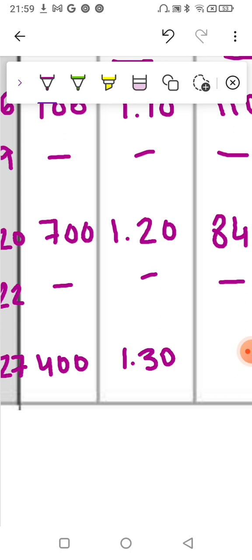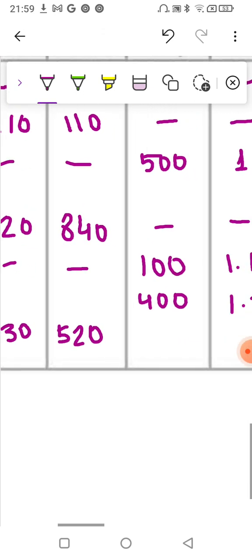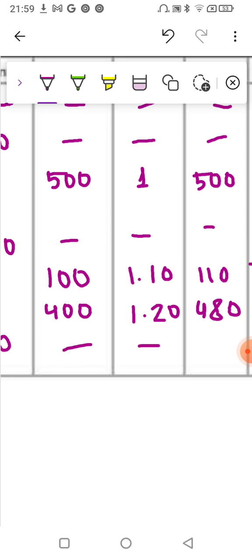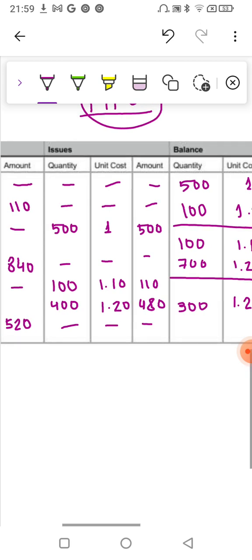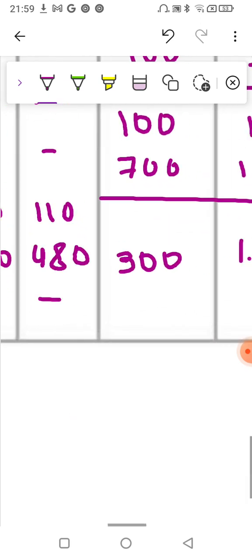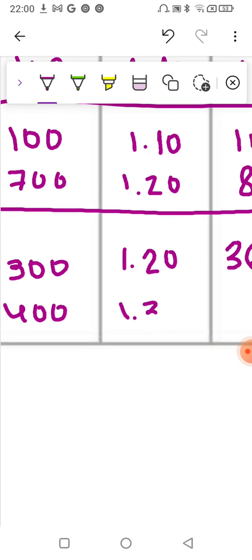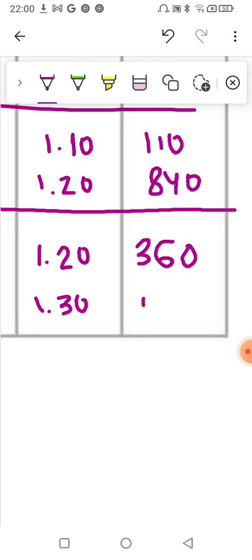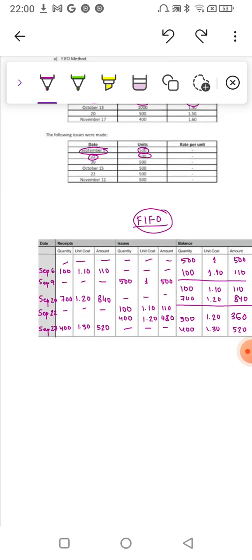We will multiply it: 400 into 1.30, we get 520. There was no issue on that date. So what remains is, before there was 300 and now there are 400 more units, this time at 1.30 price, and the amount comes to 520. Now we will draw the line and extend this.